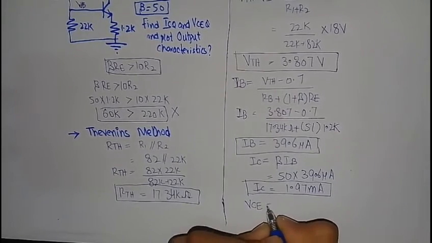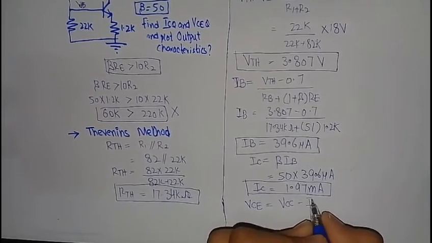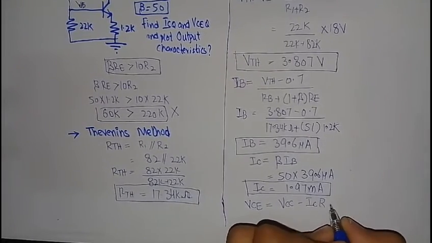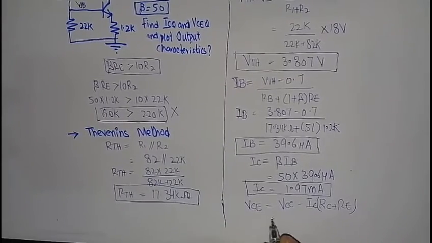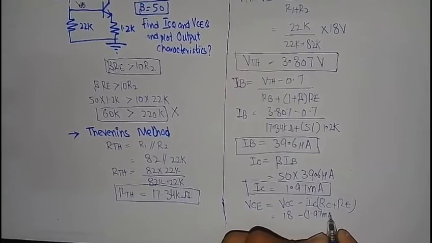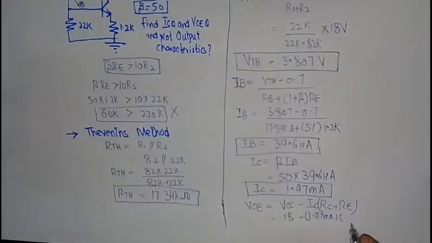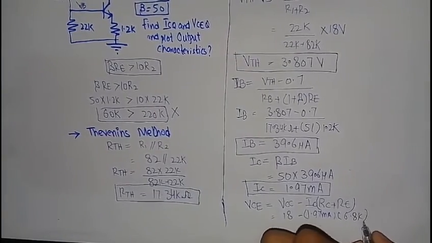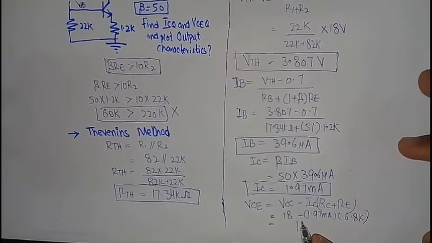The value of VCE will be calculated from VCC minus IC into RC plus RE. So VCC is 18 volts minus 1.97 milliamps times RC plus RE, which is 1.6 plus 1.2, 6.8k. After evaluating, the answer will be equal to 11.3 volts.